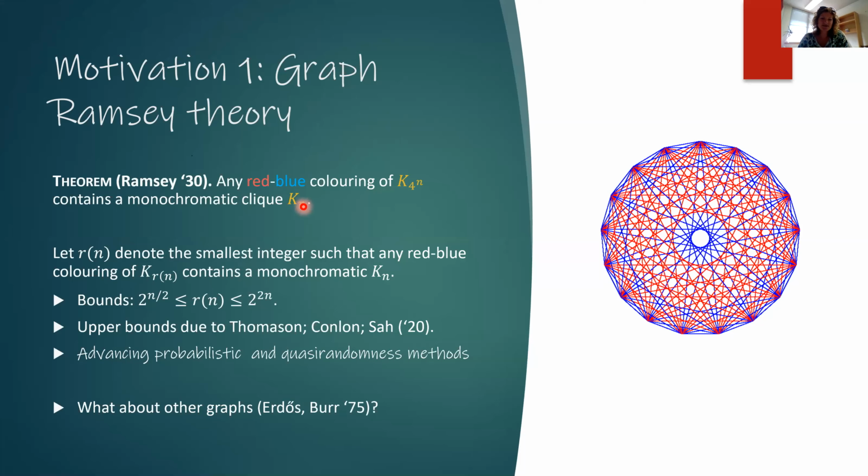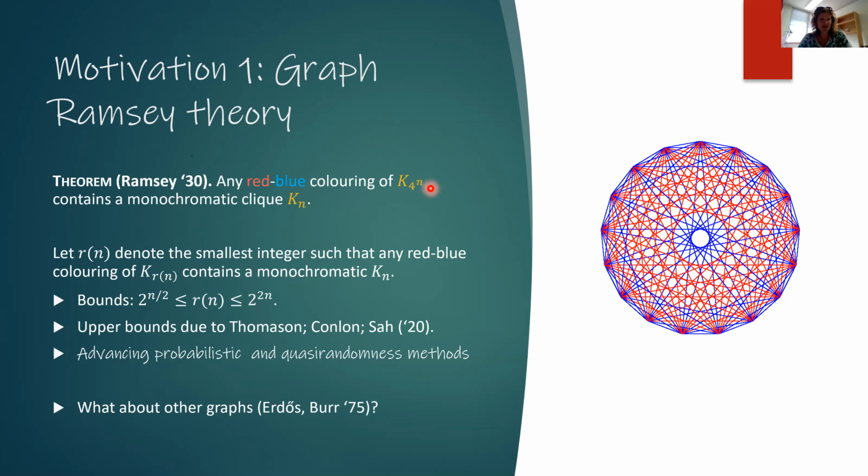So this theorem is about finding a certain organized structure, this monochromatic clique, inside a lot of disorder. And when I say disorder, I mean we don't have any assumptions on this red-blue coloring. All we know is that the clique is large enough. And this quantitative version is not originally due to Ramsey. He just showed the existence. So this is a later argument.